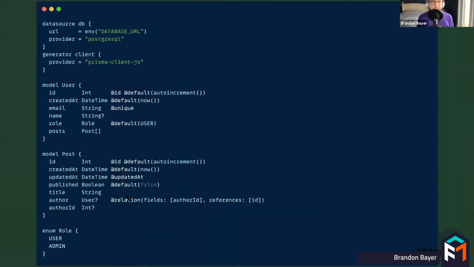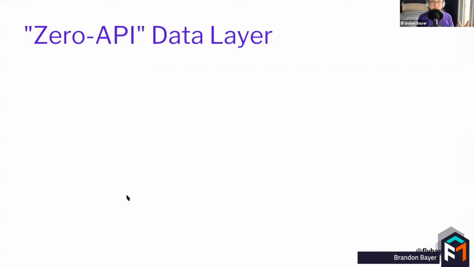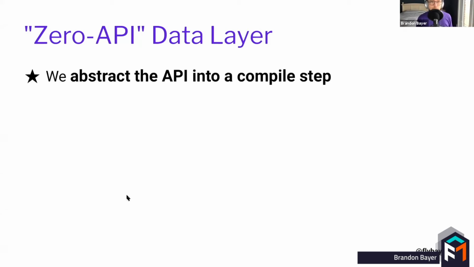All right. So the Zero-API data layer. Now this is like the pinnacle of the Blitz features. This is the single biggest thing to know about Blitz and what makes it different than anything else that has ever existed before, as far as I know. All right. We abstract the API into a compile step. Okay.